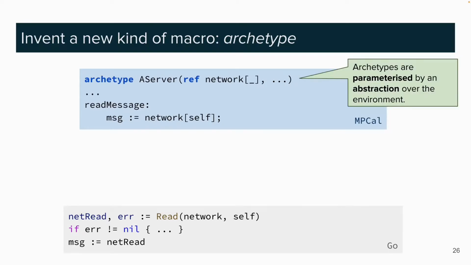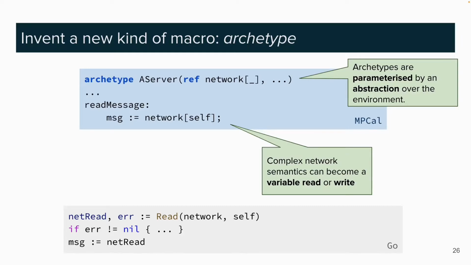Archetypes have parameters, and these parameters are environment instances that the archetype can access. So in this case, the server archetype has access to the network. And here, all the networking semantics becomes reading and writing to the network environment instance.